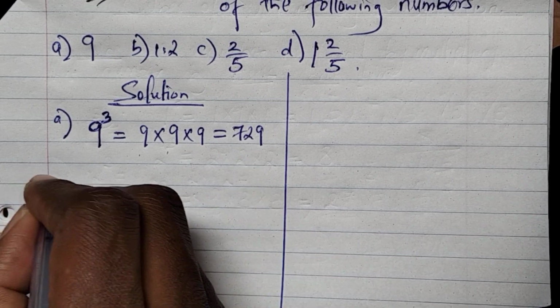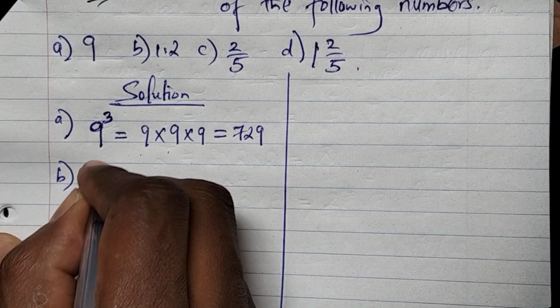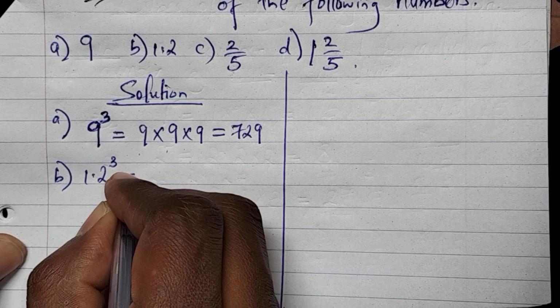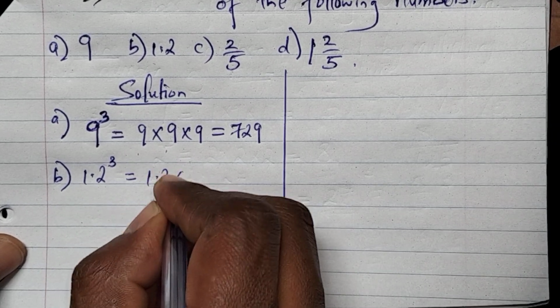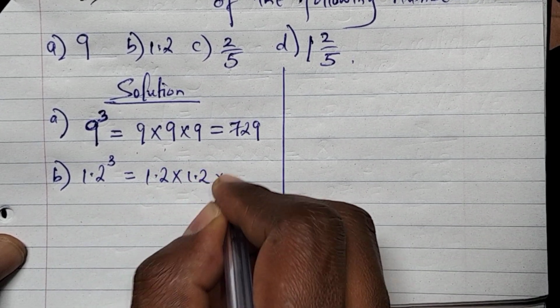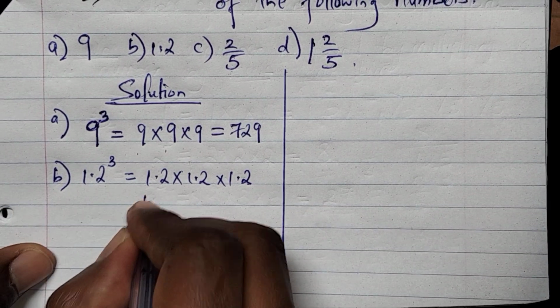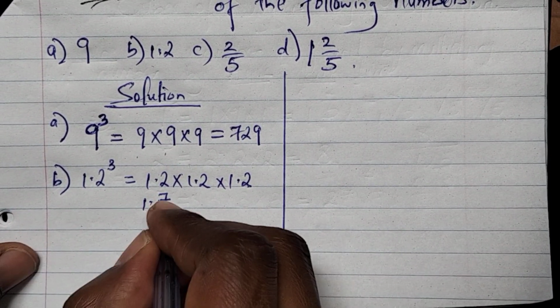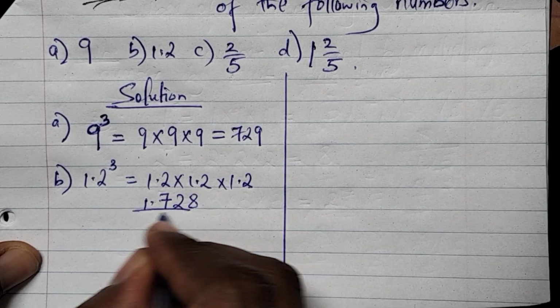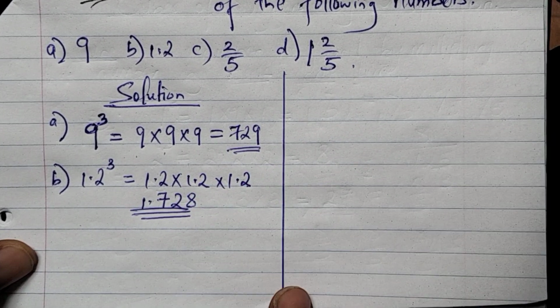B, we have 1.2 cubed. We shall say 1.2 times 1.2 times 1.2, which gives you 1.728.